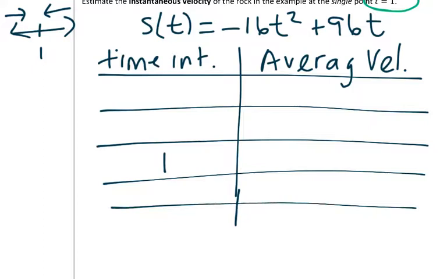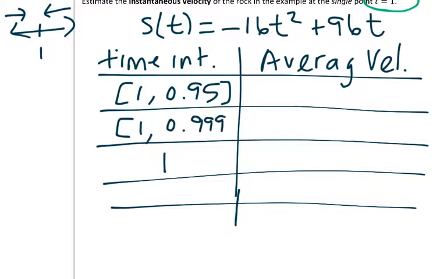Okay, so on the left side, we could look at the interval from like, I don't know, 1 to 0.95. So 0.95 is pretty close to 1. We could also look at something that's a little bit closer, like 0.999. So if I'm looking on the left side, coming from this direction, 0.999 is very close to 1.